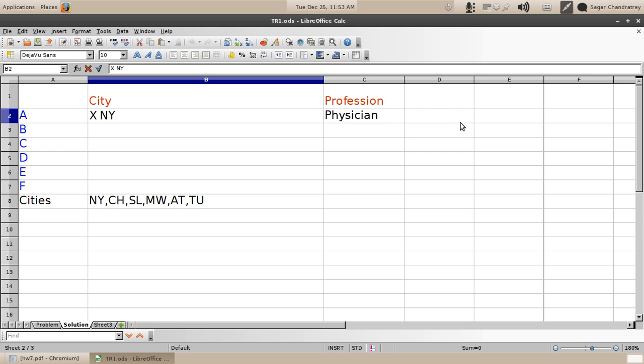So in here we'll mention New York and physician. So this is about that person who is not A but who is from New York and who is a physician. Currently we do not know out of B, C, D, E and F who is this person. So we are just putting that information a little away from this main piece of information.